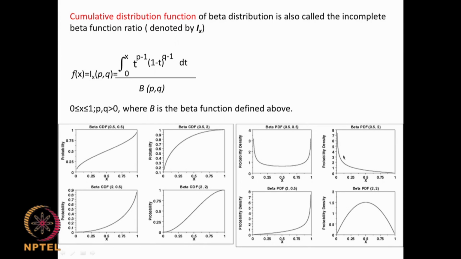Cumulative generally will keep on increasing. So, if your probability density function looks like this, for 2 and 2, your cumulative will go like this. If your probability density function looks like this, your cumulative will go like that. Okay. So, this equation is also useful because it gives you an idea about the cumulative density function.